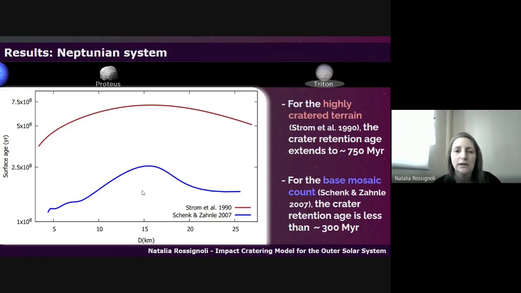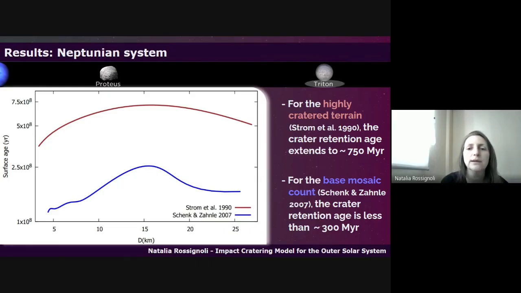But using another crater count that is more recent and is using a general base mosaic count, so it should be more representative, craters can only survive for 300 million years. So in this case, these kinds of results can be used as well to constrain the time of capture of Triton.